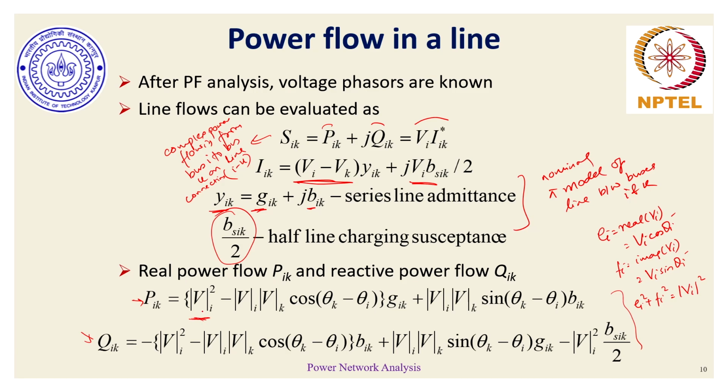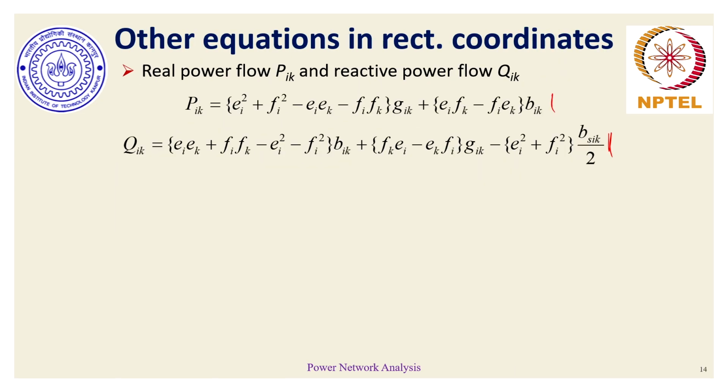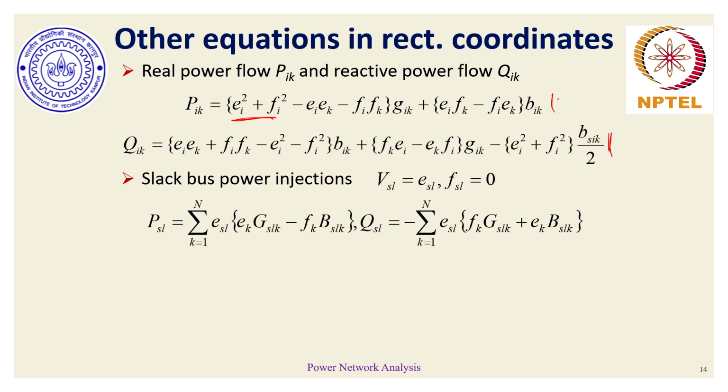So Vi square can be replaced as Ei square plus Fi square. Is there a similar term appearing in the rectangular version of real power flows? Yes, it is appearing similarly over here. So essentially you can substitute Vi cos theta, Vi sin theta by E's and F's respectively and get these numbers also.